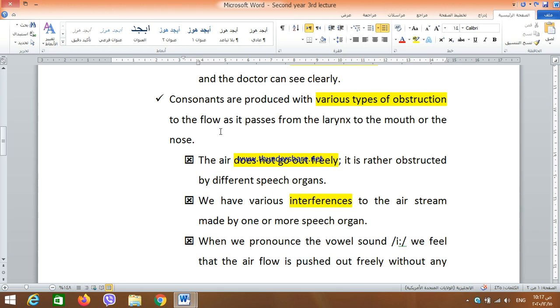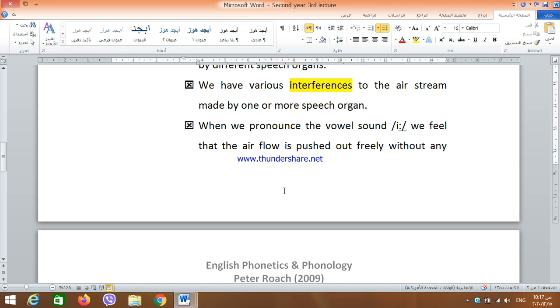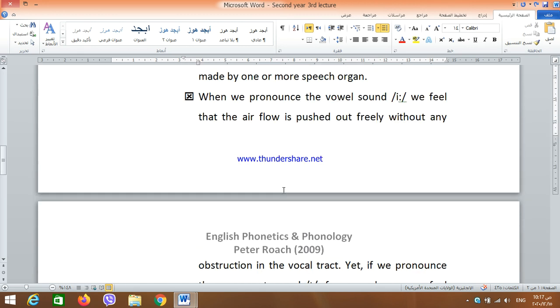For example, if we have the vowel sound E, when we pronounce the vowel sound E, we feel that the airflow is pushed out freely without any obstruction in the vocal tract.